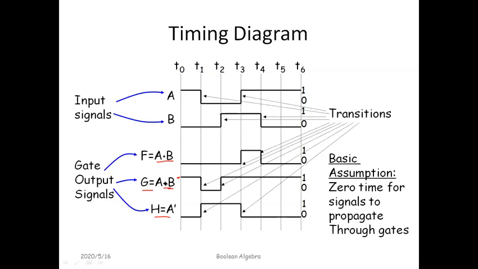So signal B will be high between 2 and 3, while signal A will be low between 2 and 3. Since one of the two signals is high, we expect that the output will be high. So if we follow from 2 right up to 6, the input combinations are low, high, high, low.